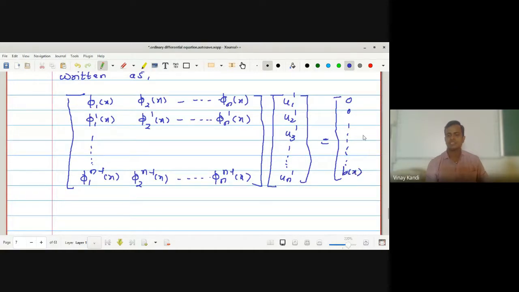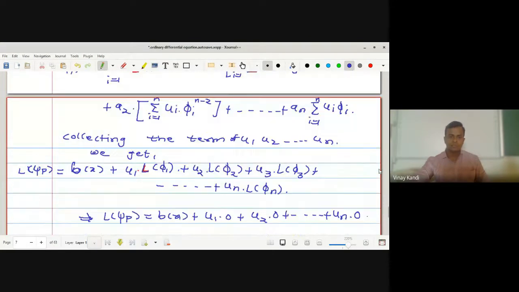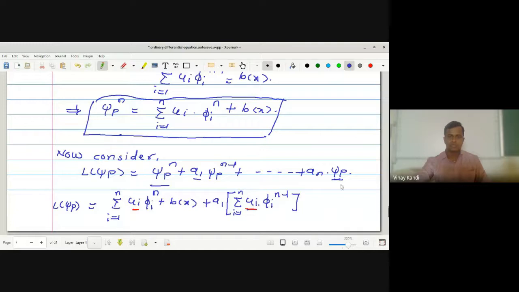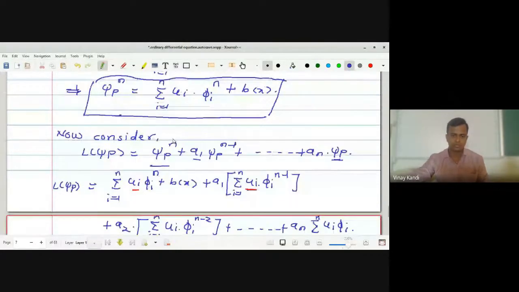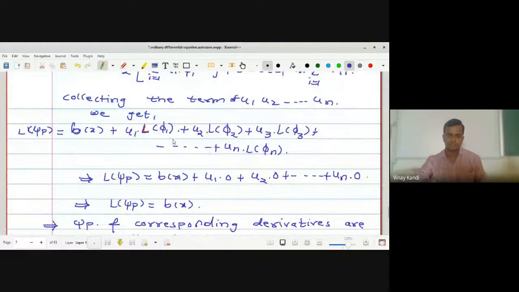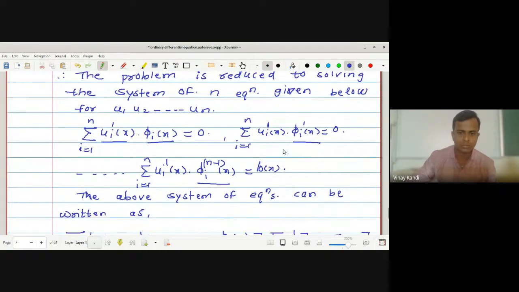In the last equation, b of x is there. Any doubt? I want this up to n minus 1.